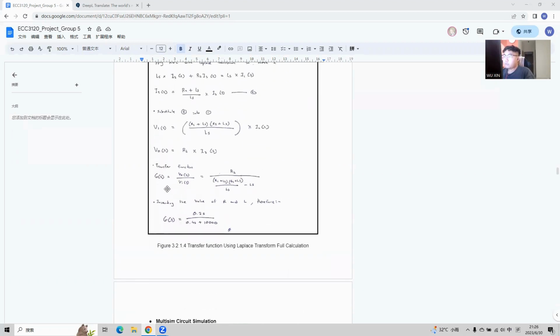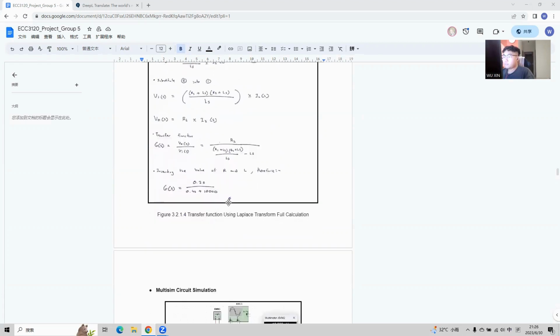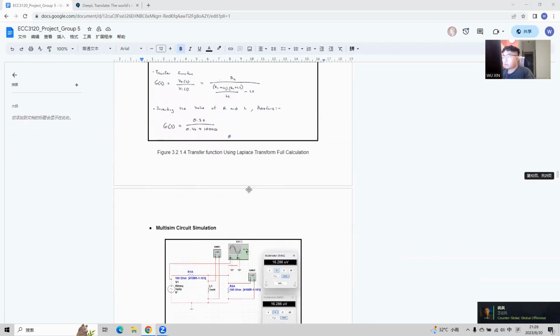Then we get the transfer function G(s) equal to V0(s) over Vi(s), which gives G(s) equal to 0.2s over 0.4s times 10K.